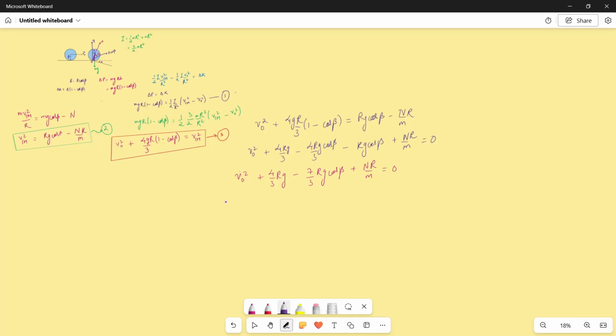Now we can write this as v naught square plus rg by 3 times (4 minus 7 cos beta) plus Nr by m, which can be further written as v naught square equal to rg by 3 times (7 cos beta minus 4) minus Nr by m.